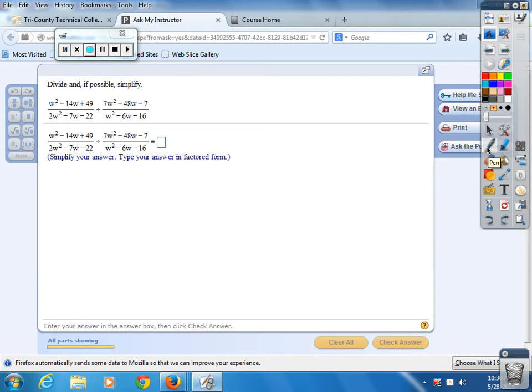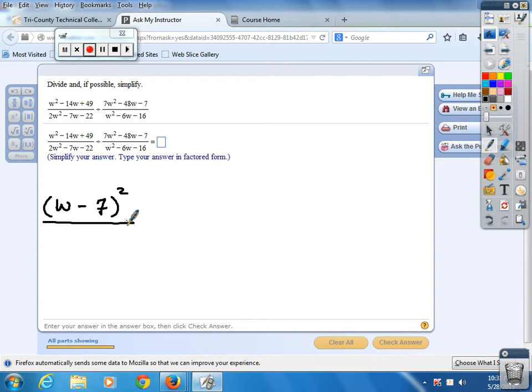All right, what are we going to do with this one? Because trinomials are worthless. What are we going to do with all of them? Factor. So this is shortcut number 2, W minus 7 quantity squared.